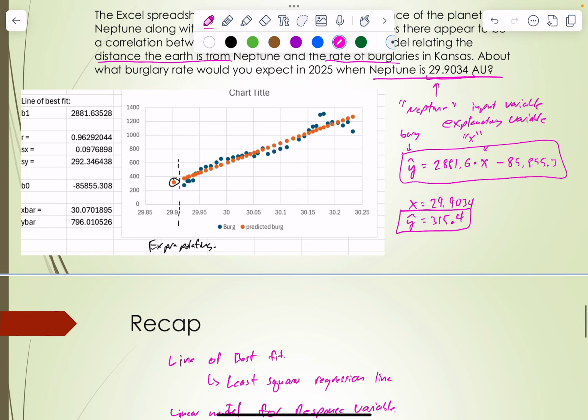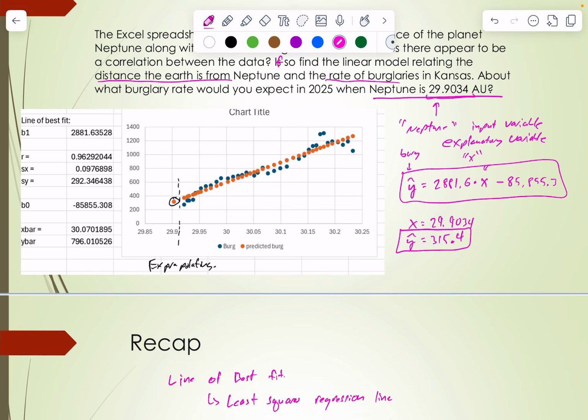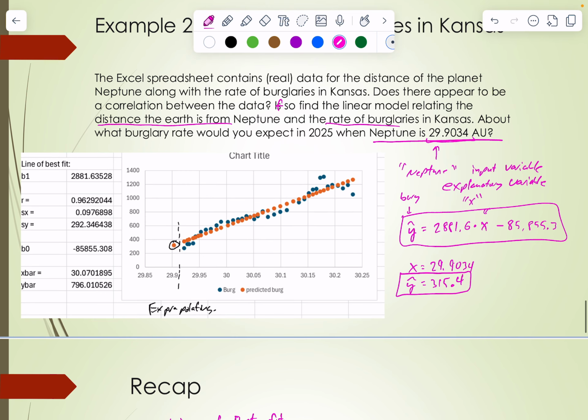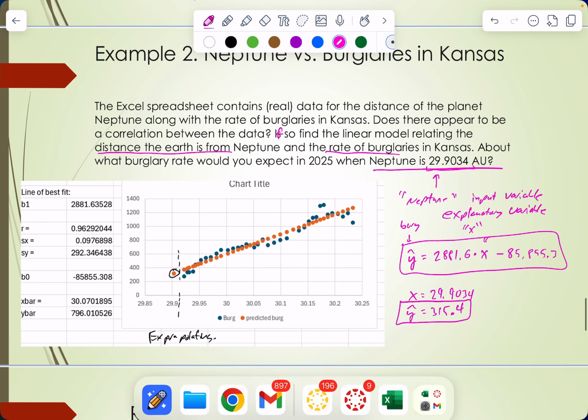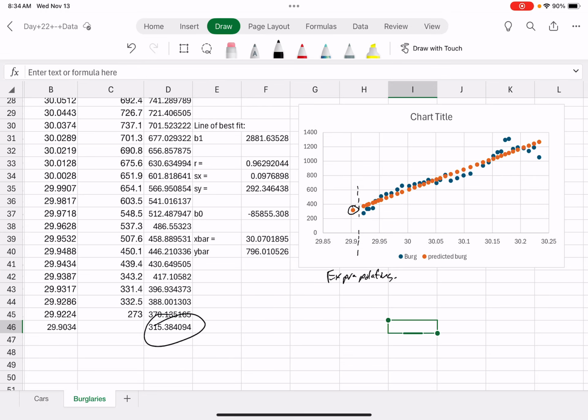I'll just say one more thing about this x squared. So going back to this Neptune example, we look and we see that there's some variation in what x equals.